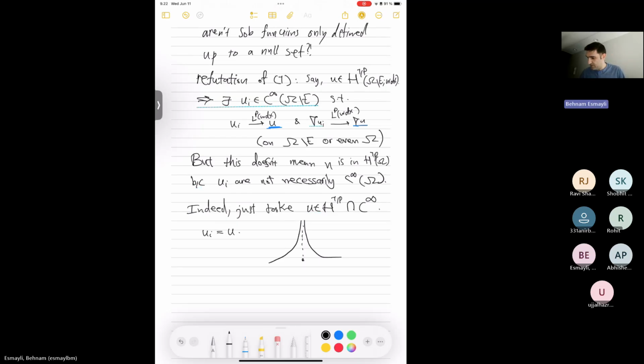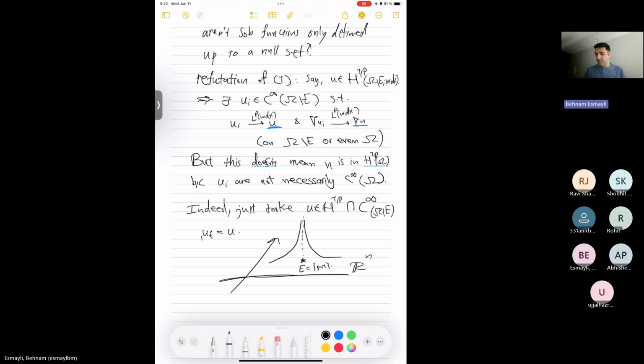So this is C infinity of omega minus E. So then you'll have a function, and this one point is E, right? So this is R^n. So E is just a single point, and you have a smooth function outside of this one point, which happens to be in H^{1,p}. It doesn't blow up too fast. So technically, u_i you can take to be the constant sequence, and that proves that U is in H^{1,p}.